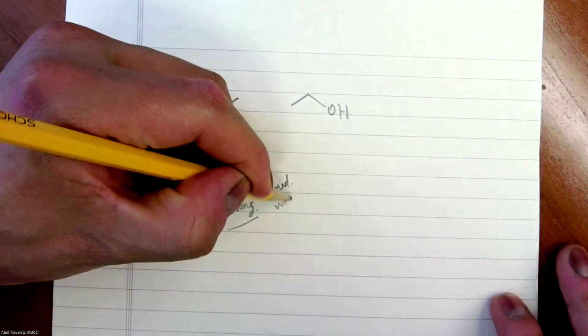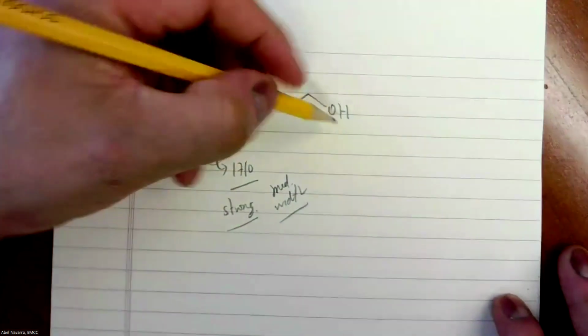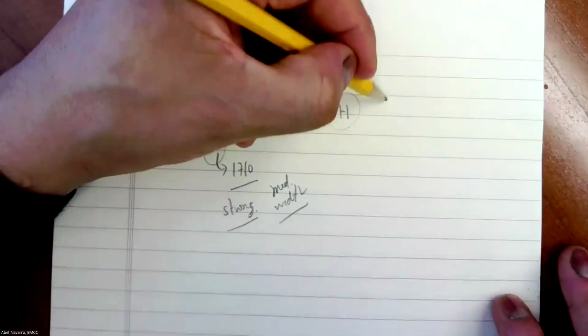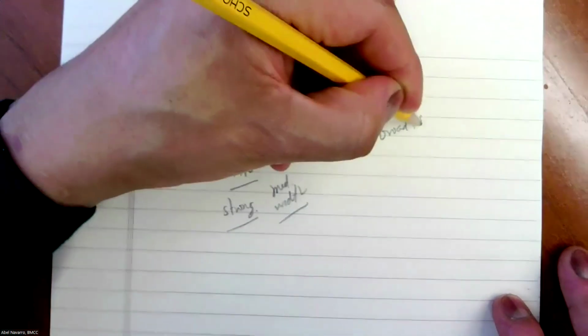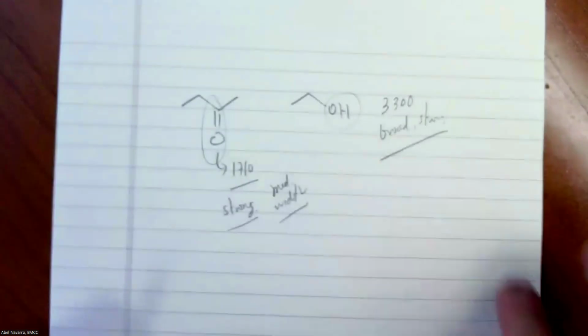Medium width. This one, I should expect a C-O-H around 3300, broad and strong. That's how I would use IR to differentiate between those two.